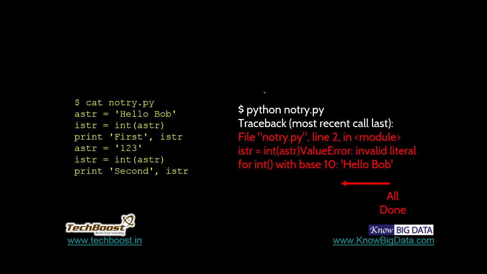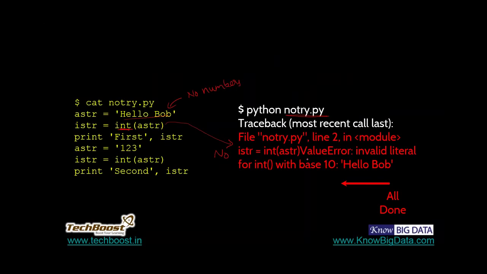Let's see a type of error. We try to run a file, notry.py is the file name. What does this file do? We have a string hello Bob and try to convert this string to an integer. But will it convert this to an integer? No, it will not be able to, because this string has no numbers in it, and hence it gives an error.